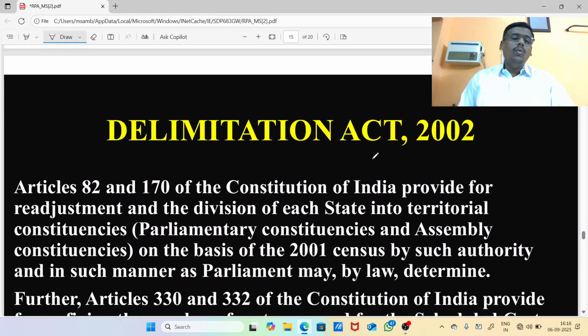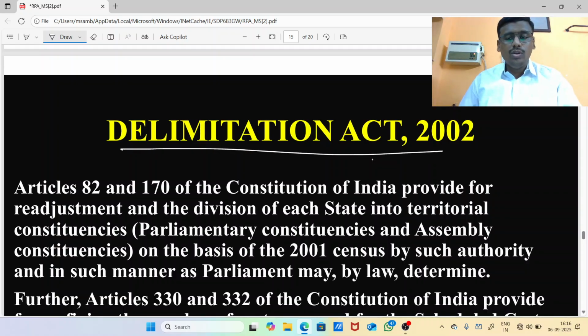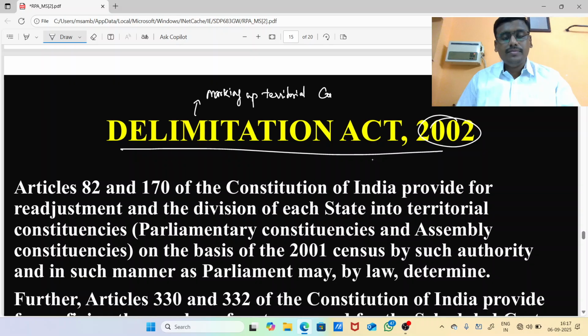And then, besides the significance of Representation of People Act 1950 and 51, we need to know about the Delimitation Act 2002, because delimitation is the marking up of constituencies, marking up of territorial constituencies based on census, which is population based.